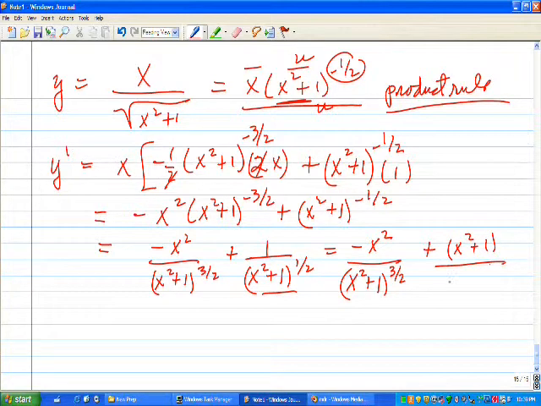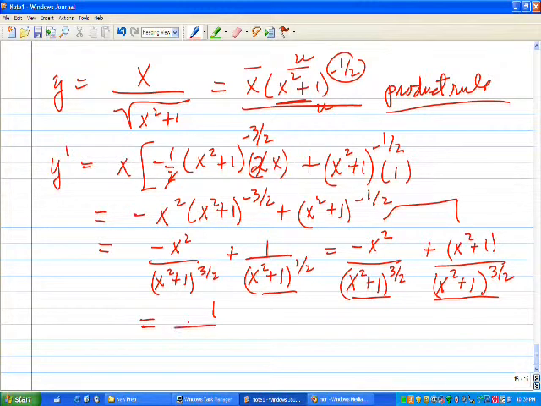And so on the bottom we would have x squared plus 1 to the 3/2, just like the other term. So since we have the same denominator, we can now add. And this problem was sort of made up, I suspect, because now notice you can add the x squared and the minus x squared and get 0. And this simplifies to 1 over x squared plus 1 to the 3/2 power.